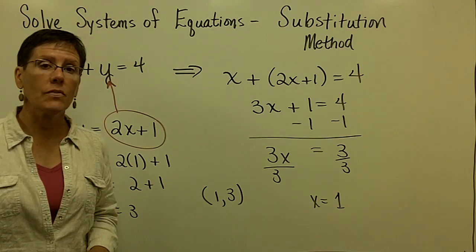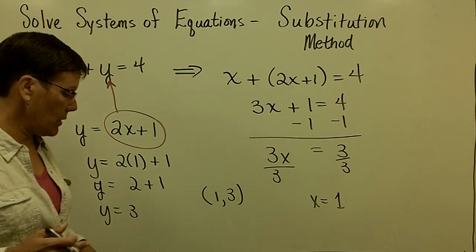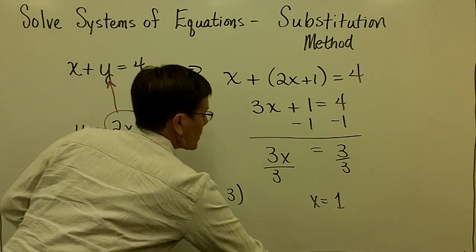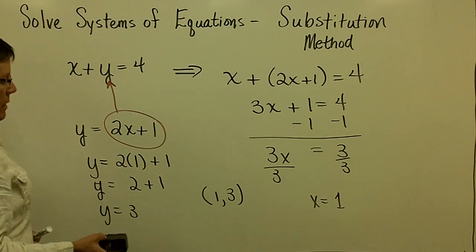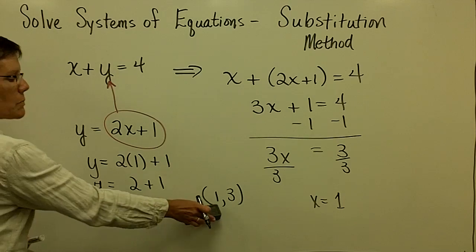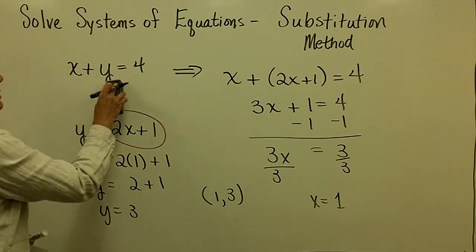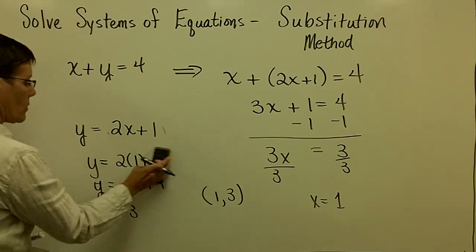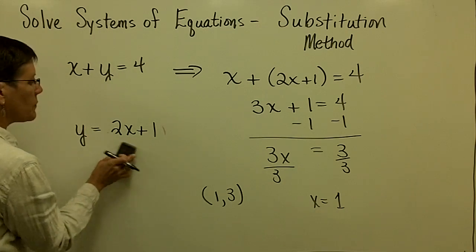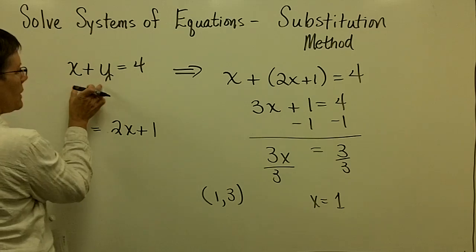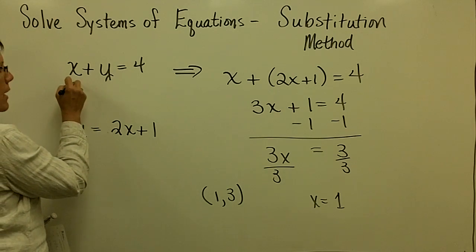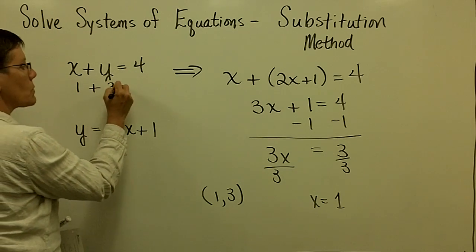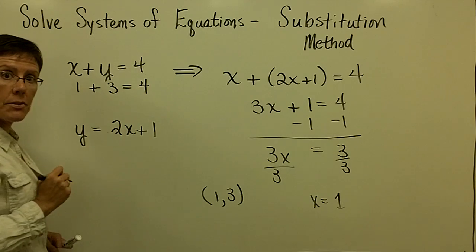I should take those values and substitute them back into the original equation. I'm going to go ahead and do it for this one, but I'm going to erase some of my work to do that. So here's my solution set. I'm going to go into this expression up top, and I'll take out this work right here. So I ask myself, if x is 1 and y is 3, and I substitute that in, is that a true statement?